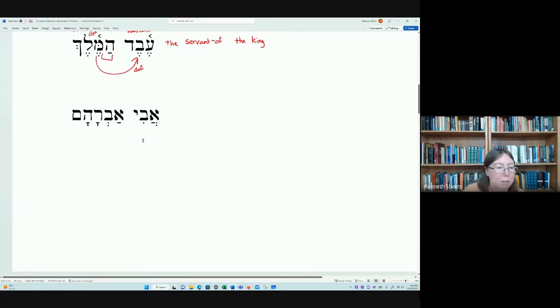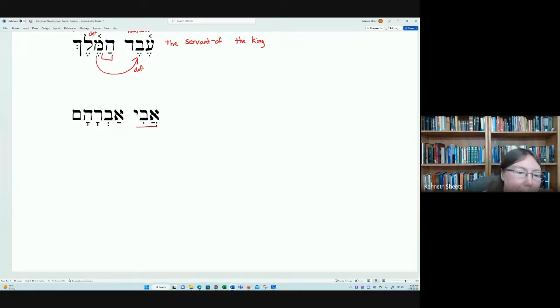And here, avi Avraham. Avi is the construct form of the word av, which means father. So this is a noun, masculine singular. It is construct. And then I have Avraham. Well, that's the proper name, Abraham. So this is another noun, masculine singular, and it is absolute. And I know that it is definite because it is a proper name.